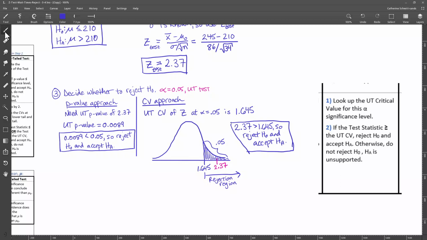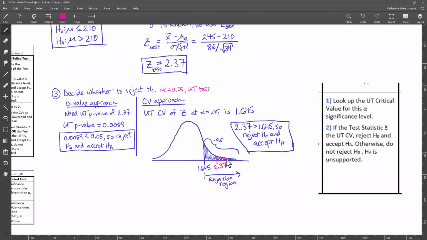So before we move off of this, though, I want to explain a little more about the connection between critical value approach and p-value approach, because this entire purple shaded area to the right of 1.645 is 0.05. The upper tail p-value of 2.37 is actually this pink shaded area to the right of 2.37, right? That's the upper tail p-value if we drew it in.